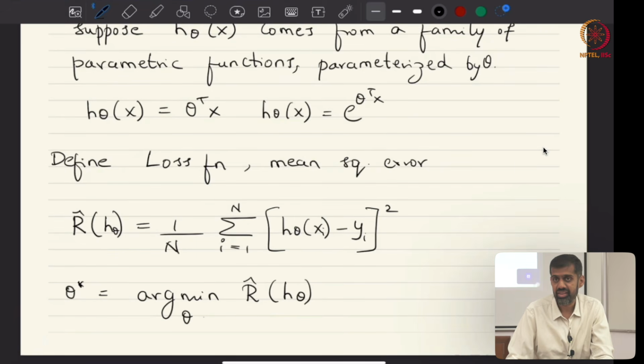If you note, this is exactly the problem that we were solving. So this is equivalent to estimating the conditional distribution. So let me write that.